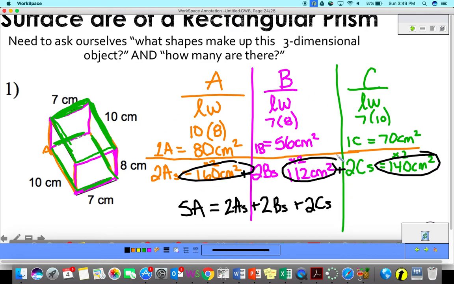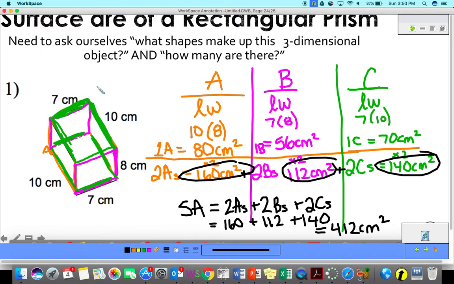So this is one advantage of showing your work this way. So you can take 160 plus 112 plus 140, which is going to be 412 centimeters squared. So this is how you find the surface area of a rectangular prism with 3 different numbers. 160 plus 140 plus 112 is 412.